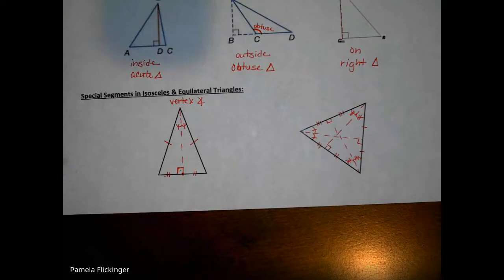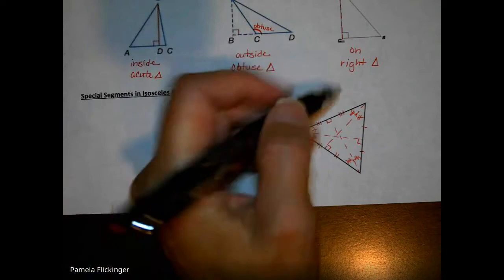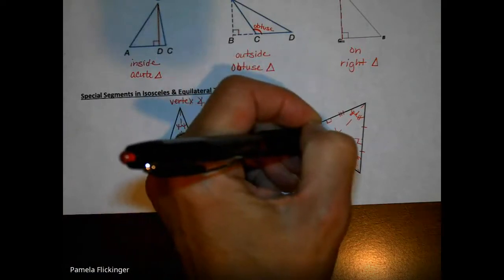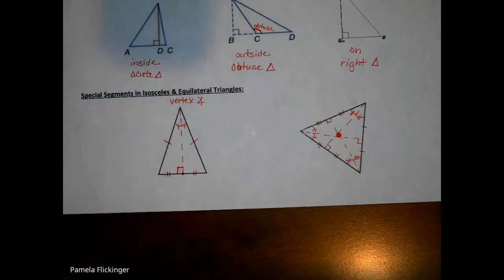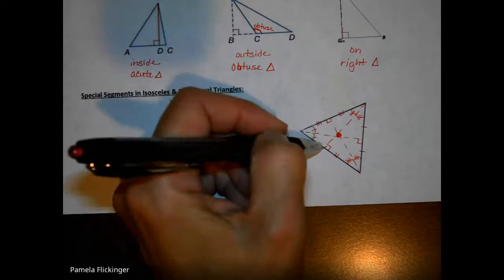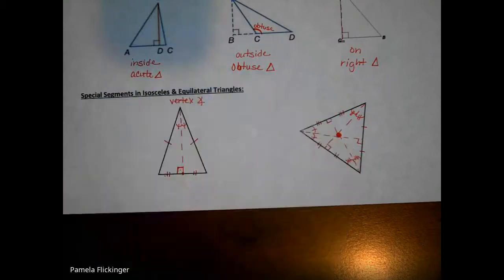Altitudes, perpendicular bisectors, medians, and angle bisectors. The other neat thing, and again, mine's a sketch, I'm a little off, is they actually all meet in the same point. If we drew this in accurately, they would all intersect at the same point.